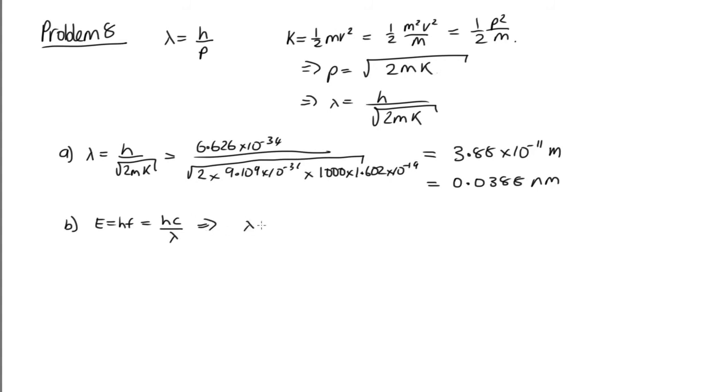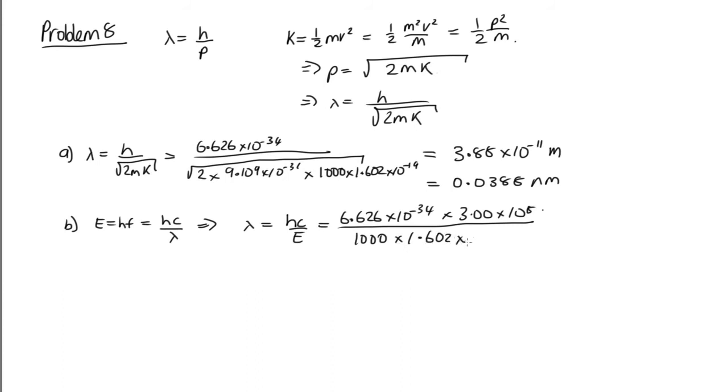So this tells us that lambda is equal to hc on E, which we can substitute in for. So we've got 6.626 times 10 to the minus 34 times 3 times 10 to the 8 over our energy, which is 1 kiloelectron volts, so 1000 electron volts. And then to get it into joules, we multiply it by the charge on an electron.